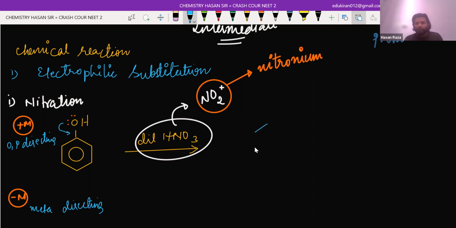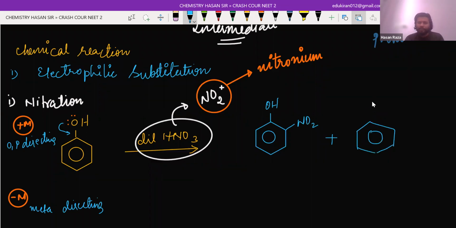So this NO2 plus will attack ortho first, and then it will also attack para, because ortho and para are electron rich areas.